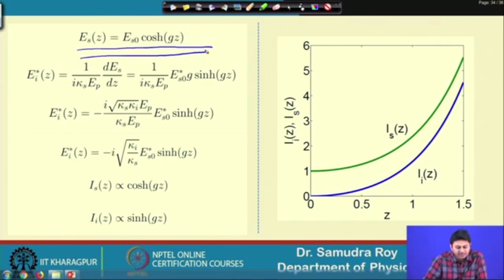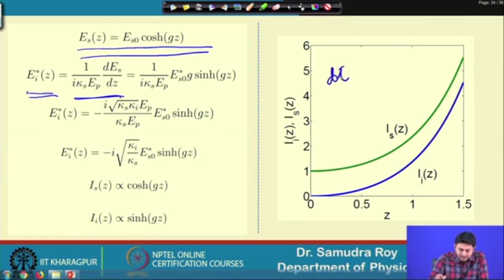That means E_S is non-zero at z equal to 0, but with z it can change, it can increase. Once we have E_S, then we can also find out E_I, because E_I and E_S are related by this equation.